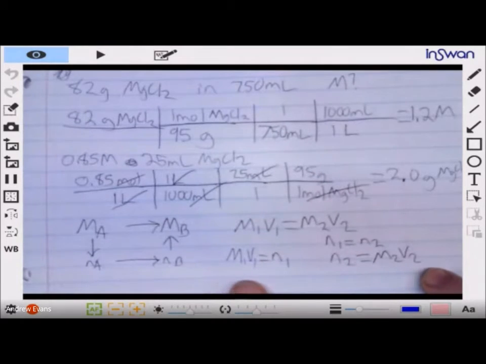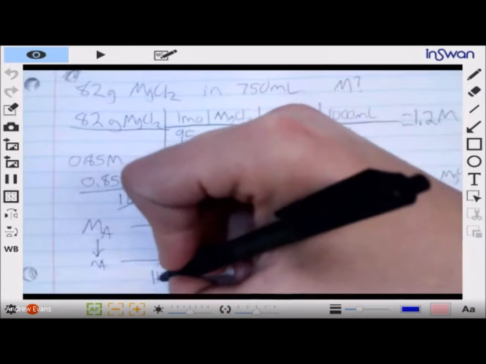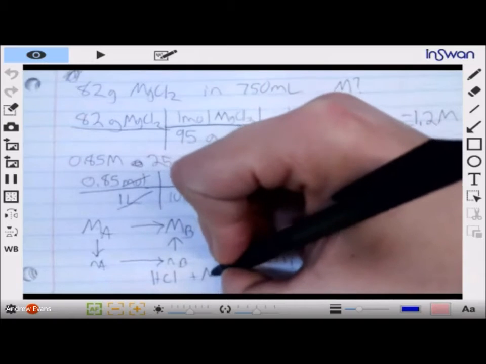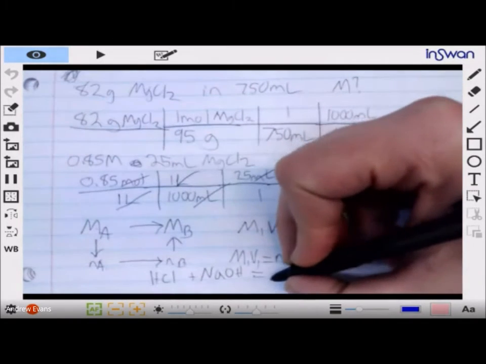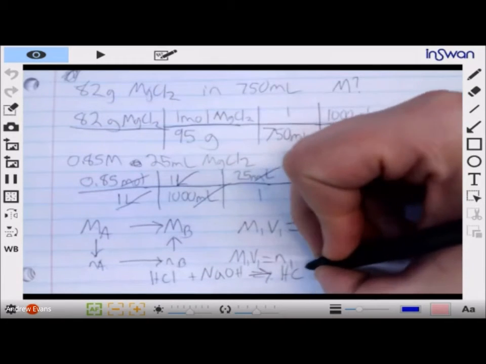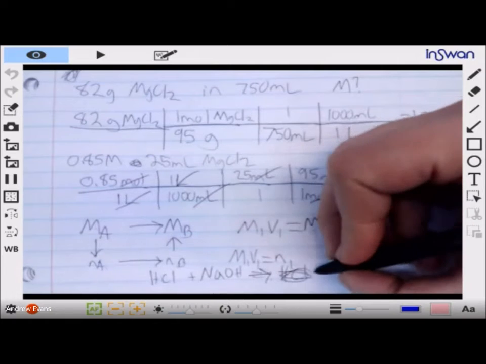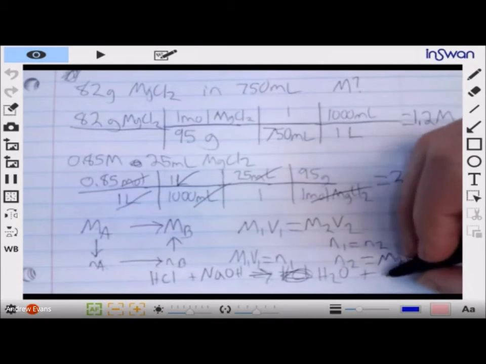So in an equation like HCl plus NaOH, if I know the molarity of one of these and the volume of one, I can know the molarity of the other or the volume of the other.